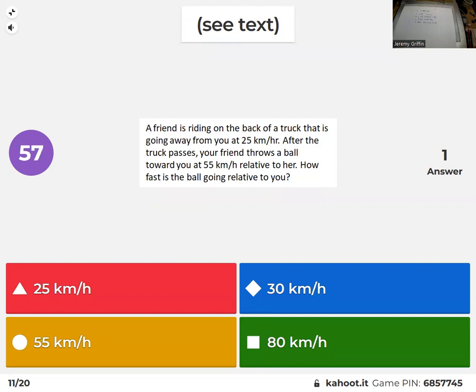A friend is riding on the back of a truck that is going away from you at 25 kilometers per hour. After the truck passes, your friend throws a ball toward you at 55 kilometers an hour. How fast is the ball going relative to you? This is just plain Newtonian relativity. Okay, so you could have answered this last semester.